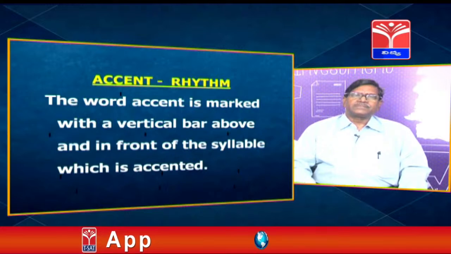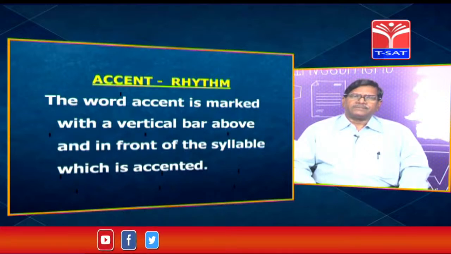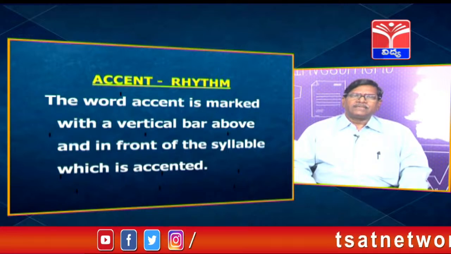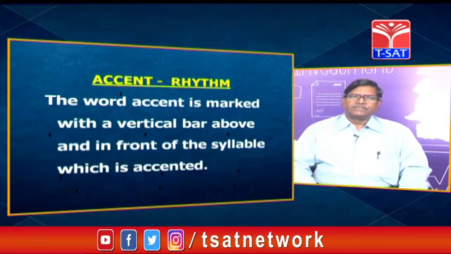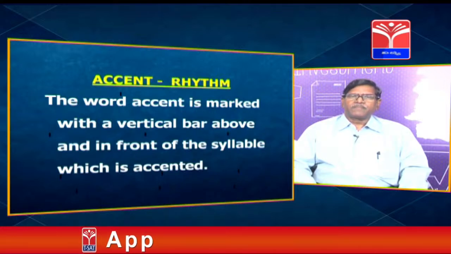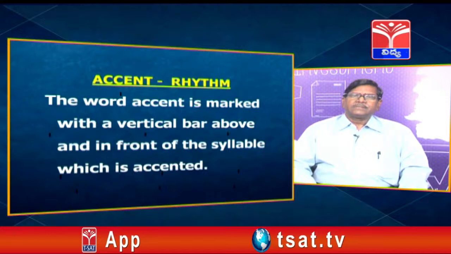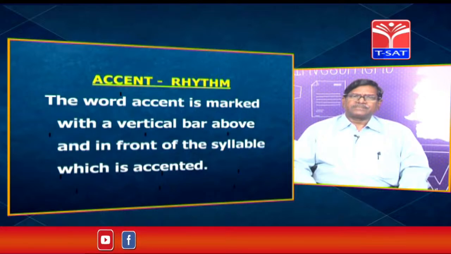See, for instance, the word accent is marked with a vertical bar above and in front of the syllable which is accented. For instance, the word teacher. There are two syllables. Out of these two syllables, the first syllable is stressed.